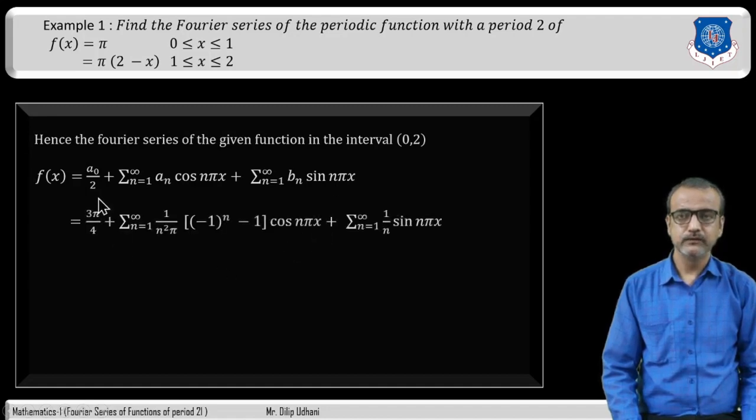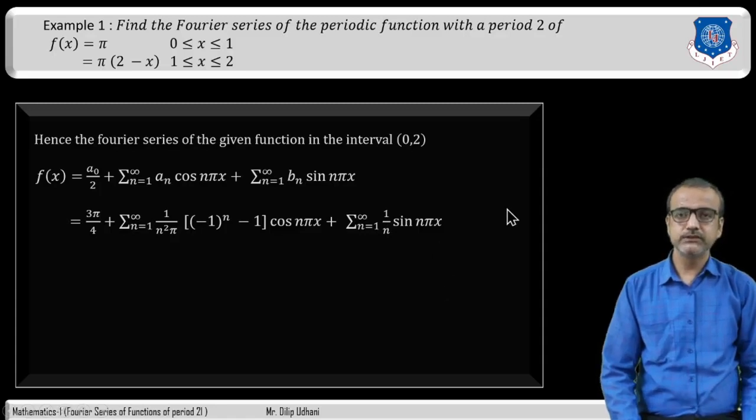Now value of a0 is 3 pi by 2 divided by 2, so it is 3 pi by 4, plus sigma n is from 1 to infinity, and the value of an is 1 over n square pi into bracket minus 1 to the power n minus 1 cos n pi x, plus sigma n is from 1 to infinity, and bn is 1 over n sin n pi x.